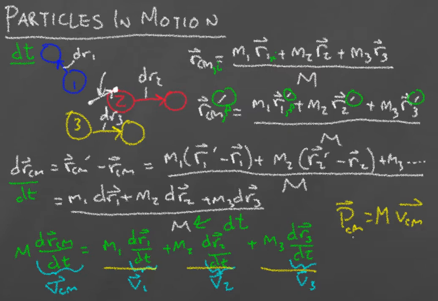Not only that, but we can also talk about its momentum in the same way. We can find the momentum of the center of mass, and so if we have something like a baseball or a basketball or some other extended object, we're able to talk about its behavior just by looking at what the center of mass is doing, without having to find out anything about all of the other particles that make up the system.